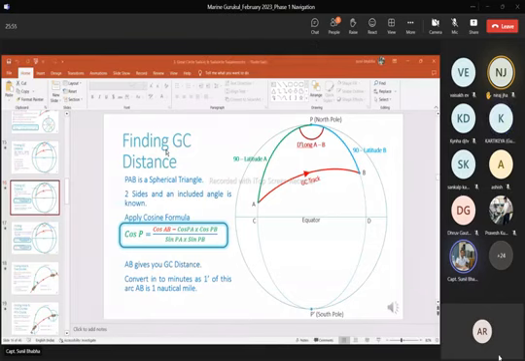So this was the last item we covered in the last class: finding the great circle distance using the cosine formula. We made this PAB triangle, and in this PAB triangle we applied the cosine formula to angle P, and once you apply that you get distance AB. Side AB is obtained, converted into minutes, that gives us the great circle distance.